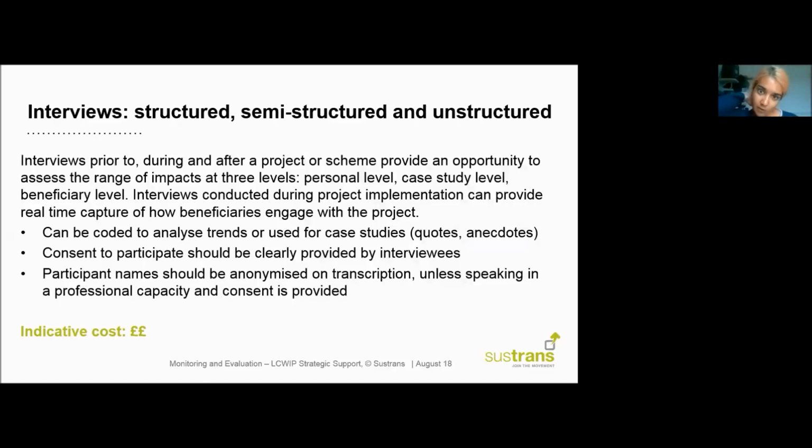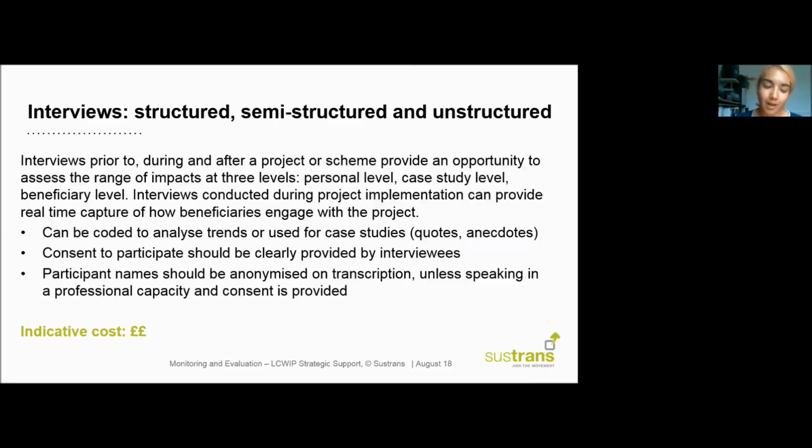And the interviews, when conducted during the project implementation, can unpick how people are engaging with the project. So this is part of, I suppose, monitoring as part of an ongoing process to identify what may or may not be working, and identify if any changes need to be made.